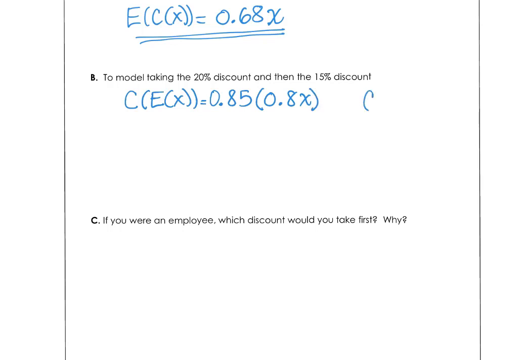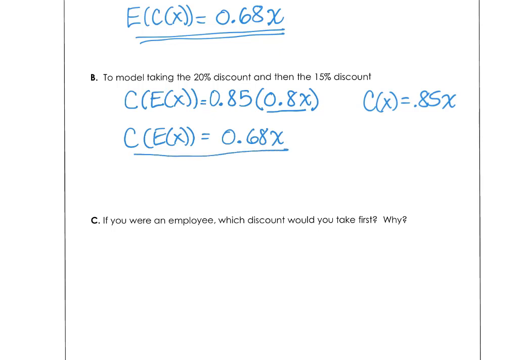So the customer price is 0.85, that would be the outside, and we want to do the 20% first, that would be the inside. So the C of E of X, do you see what's happening? It's 0.68x.